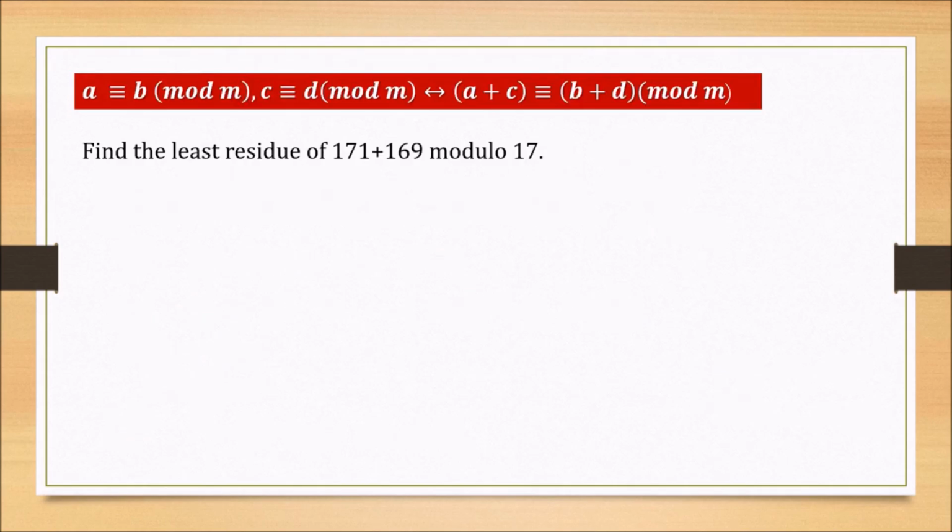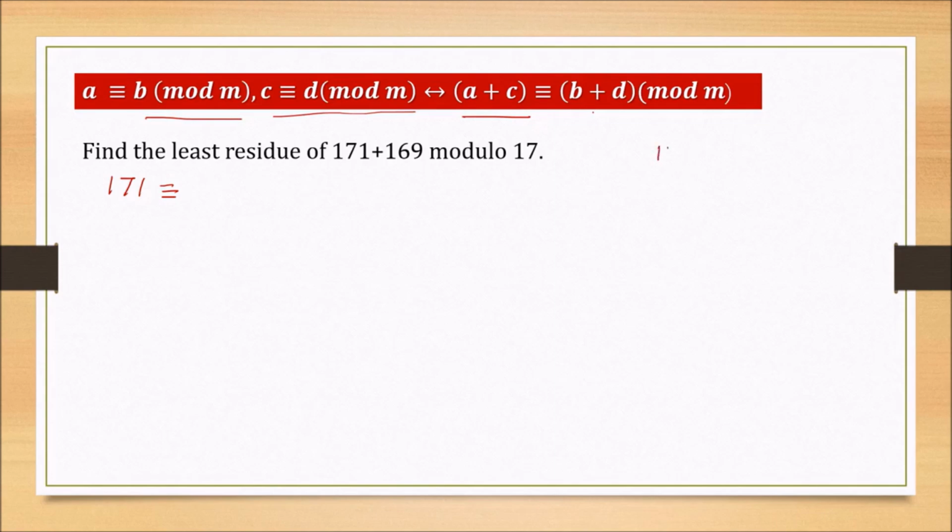Let us take another example and find the least residue of 171 plus 169 modulo 17. We can keep an eye on this property: if A is congruent to B modulo M, and C is congruent to D modulo M, then A plus C is congruent to B plus D modulo M. So first, 171 is congruent to what modulo 17?